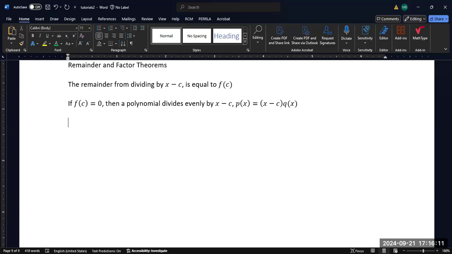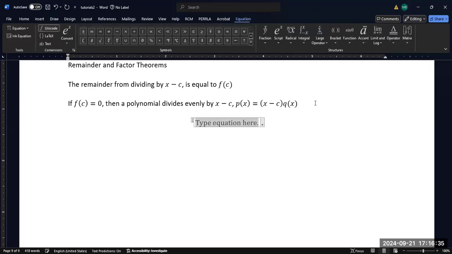So we want to go through and do an example so that we can see how this actually works. We can do it with either synthetic division or long division, because it's just about what the remainder is, not the process that you use to get there. So let's look at a specific example.